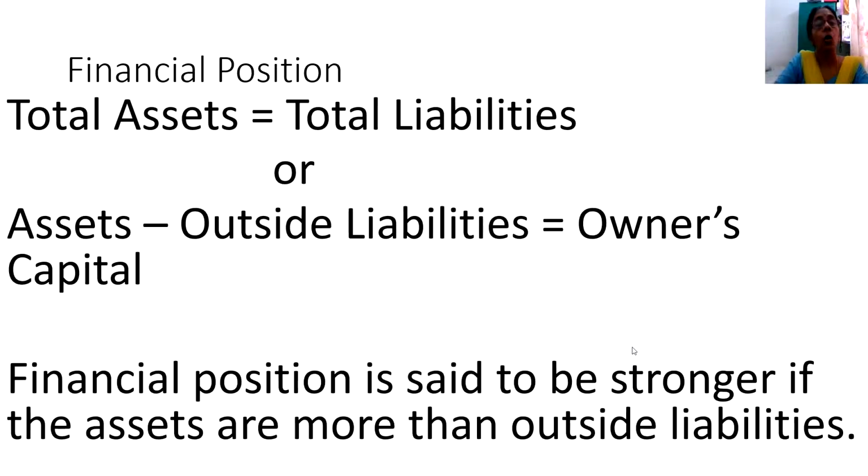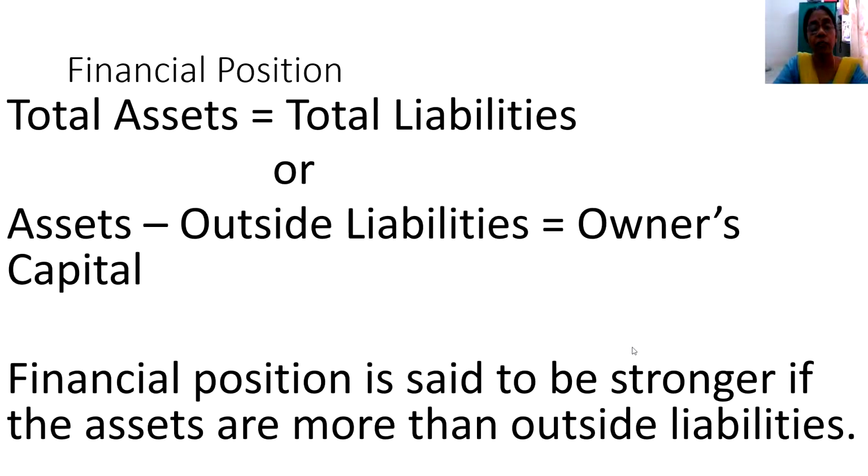So here, total assets on a given date would be equal to the total liabilities. You know pretty well that liabilities comprise both owner's funds referred to as capital and borrowed funds referred to as outside or external liabilities. Now, can you change this equation slightly to put it across as assets minus outside liabilities, meaning borrowed funds, will give you the owner's capital.